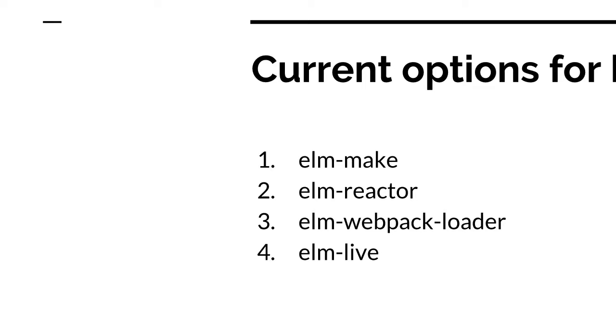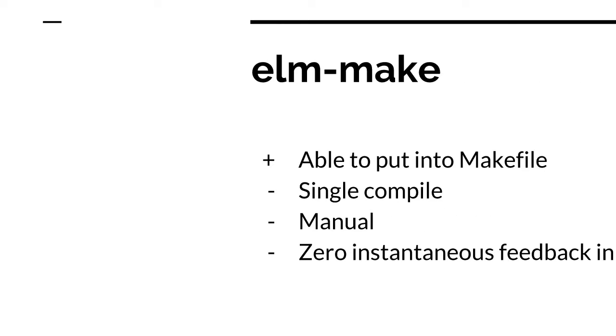So there's some automation there right now in core Elm tooling, but it's not exactly that great. There's Elm Webpack Loader, and in my opinion it's the best one available right now. And there's Elm Live, which I see a lot in the Elm Slack channel going around, but I don't think it's actually that good. And I'll show this.